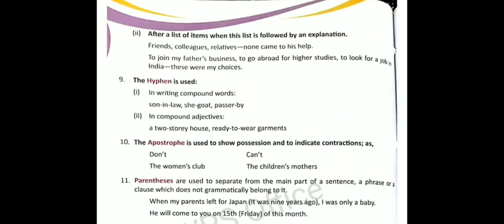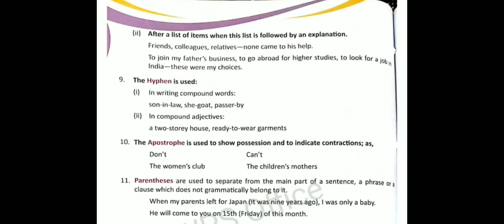Now here, children, you can see the example: when my parents left for Japan, (it was 9 years ago), it is in the bracket. I was only a baby. He will come to you on Friday, then again in bracket 15th, Friday, then Friday is in bracket of this month.